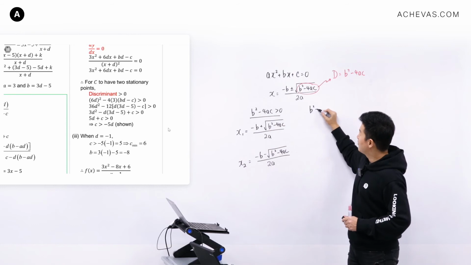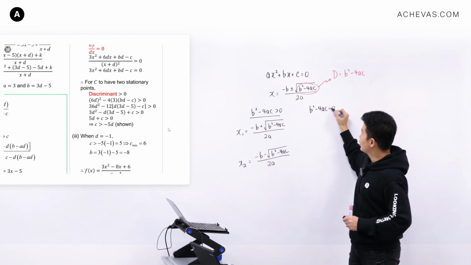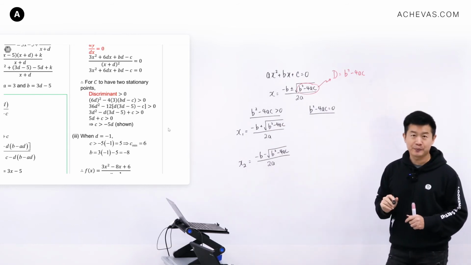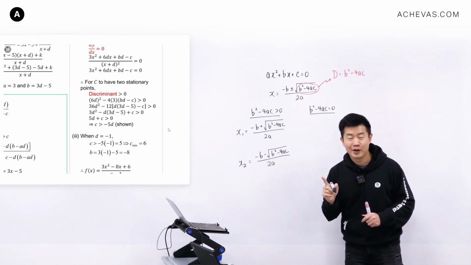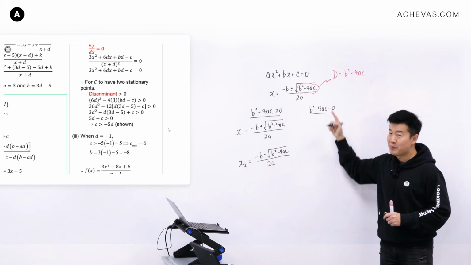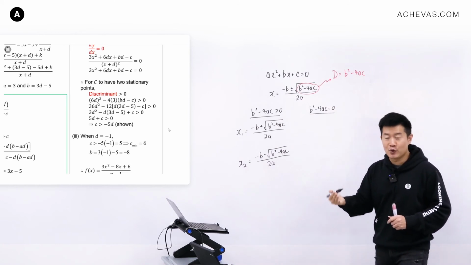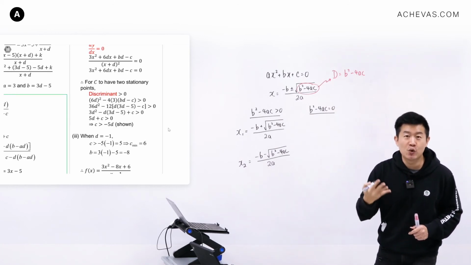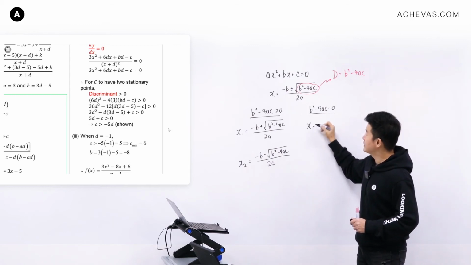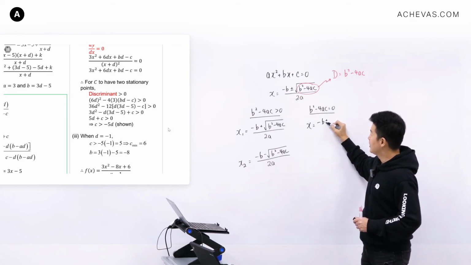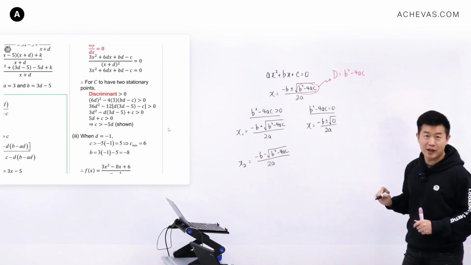If b squared minus 4ac is equal to 0, okay, Sik, you're correct. Sik just told us that when b squared minus 4ac is equal to 0, we will be expecting equal roots, because x is going to be minus b plus or minus square root of 0, divided by 2a.